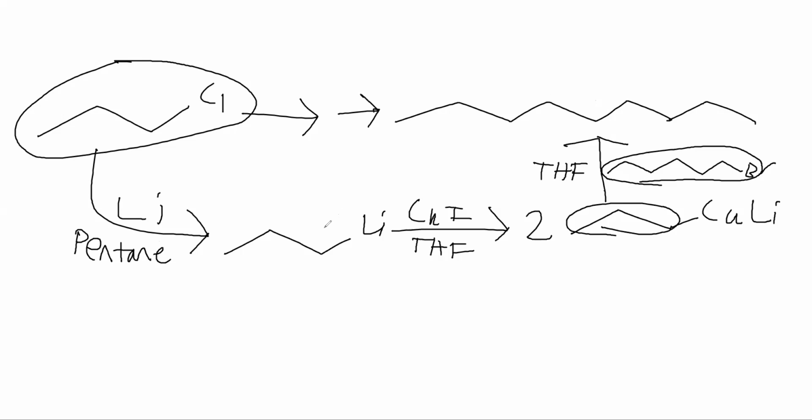We just used it as a reagent, but the book wanted to make an example out of it. I don't know what your professor expects, so he might expect you to know how to form Gilman reagents. But it's just this first step of lithium and then the second step of copper iodide. You might want to ask him if you should know that or not.